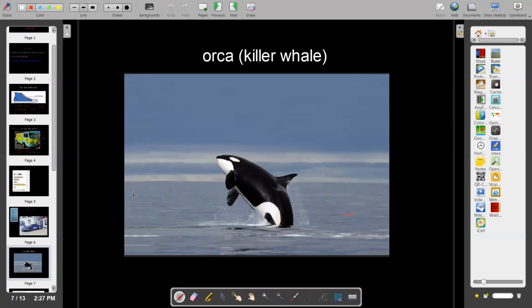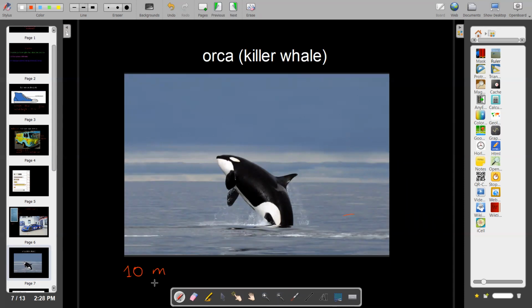What about this orca, or killer whale? I think we will also estimate in meters because it's large. So I can say the orca is about 10 meters. You may say 6 or 5 or 8.